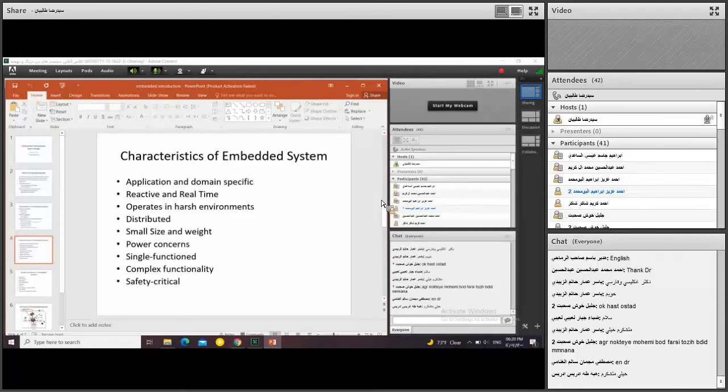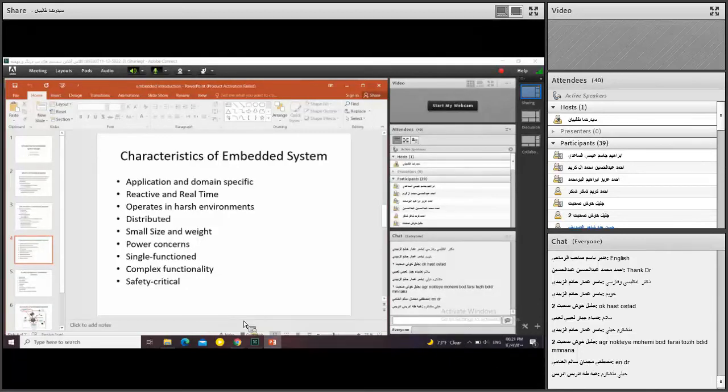The main thing of an embedded system is that it is application and domain specific. Really, an embedded system has a special application. Then it is application specific.